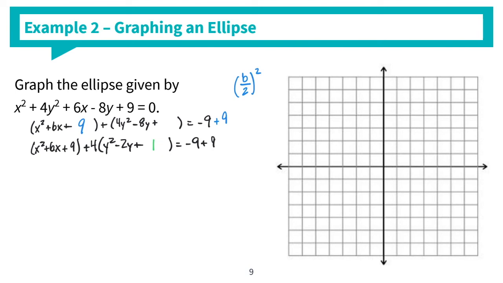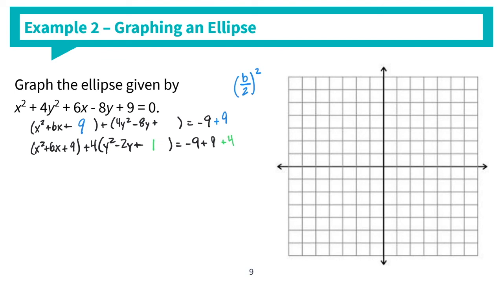So what I need to add on the left side is a value of 4, even though you see a 1 on the left. Okay, so again, if I were to distribute this, that would actually hold a value of 4. But for the purpose of completing the square, we factored out the 4, and so we only have a 1 in that spot. All right, so let's go ahead and continue.